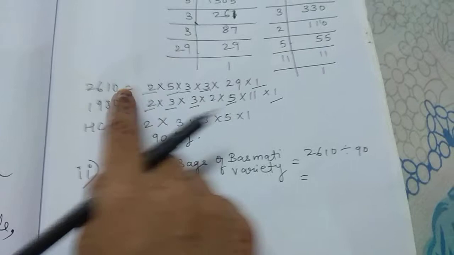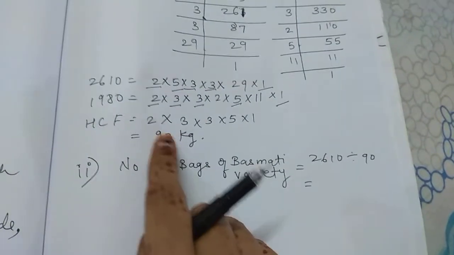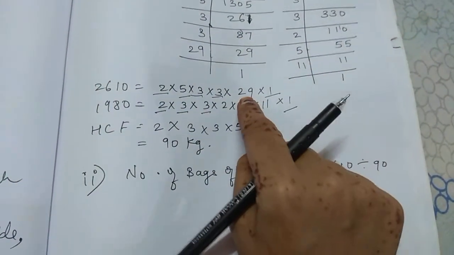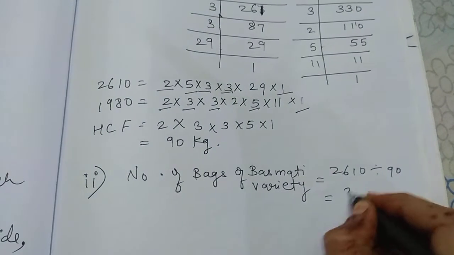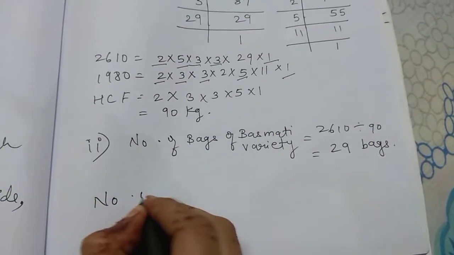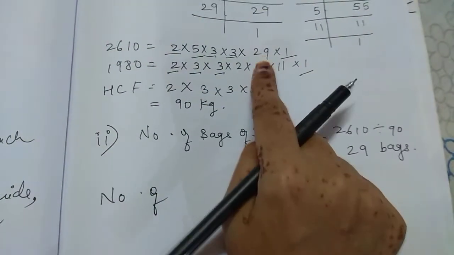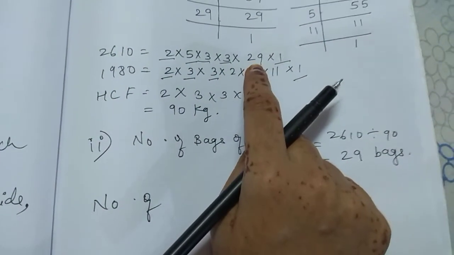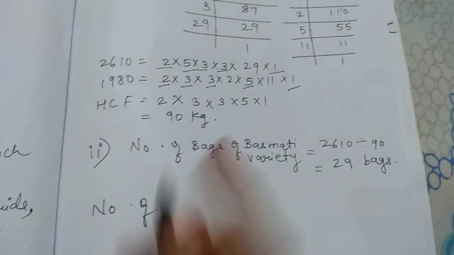So when we divide it, now 2610 divided by 90, when we divide it, which number is remaining? 29. So 29 bags is our answer. Same way you can divide and check. I'm just giving you one trick. 29 number is remaining, so 29 will be our answer.